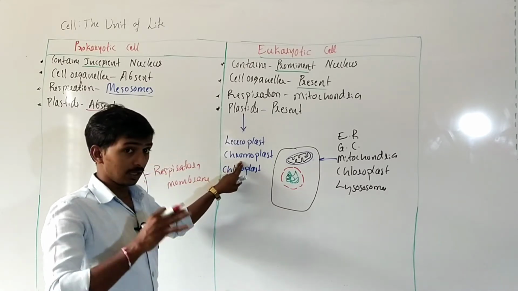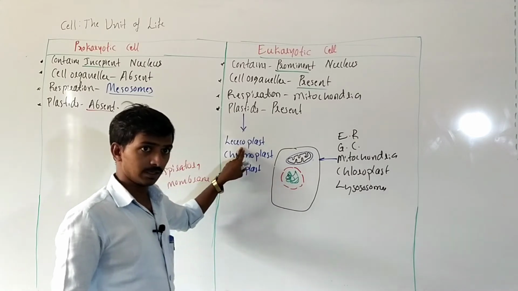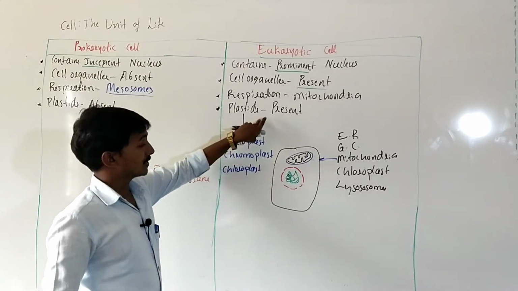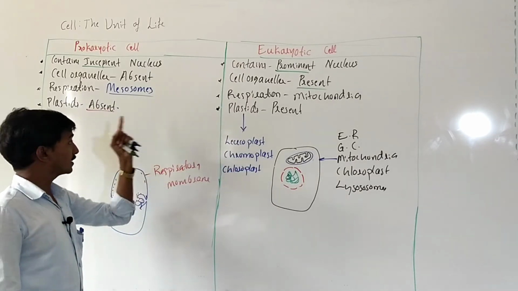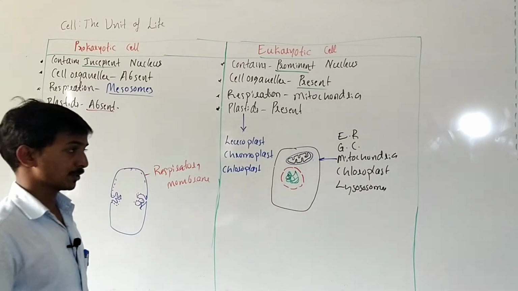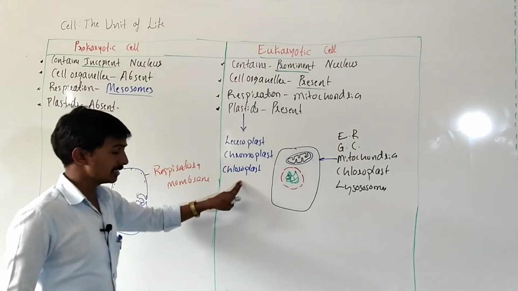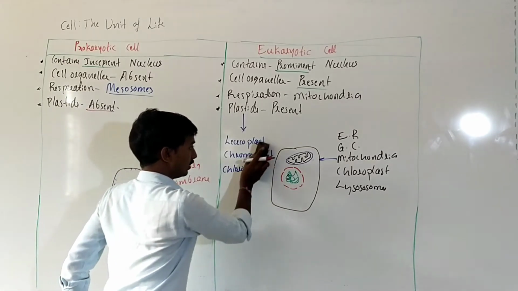They are present in a plant cell, one of the eukaryotes, but these plastids are absent in a prokaryotic cell. We will discuss plastids in detail in later classes.